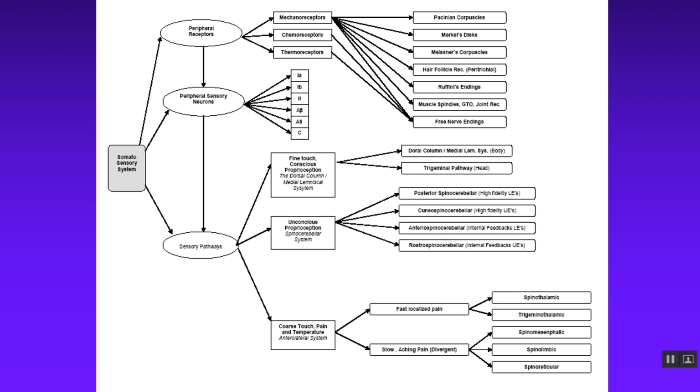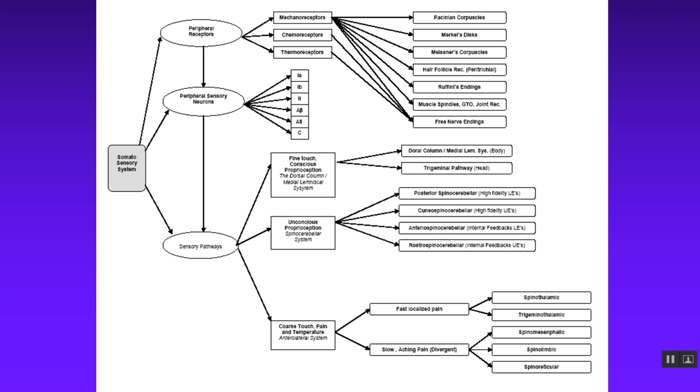This breaks down all the different things we're going to talk about. You'll see we have 1, 2, 3, 4, 5, 6, 7, 8, 9, 10, 11 pathways to talk about and learn. In your previous anatomy and physiology classes, you might have talked about 2 of those, like spinothalamic and maybe dorsal column medial lemniscal. So this is graduate school, so you get to talk about 11 of them.